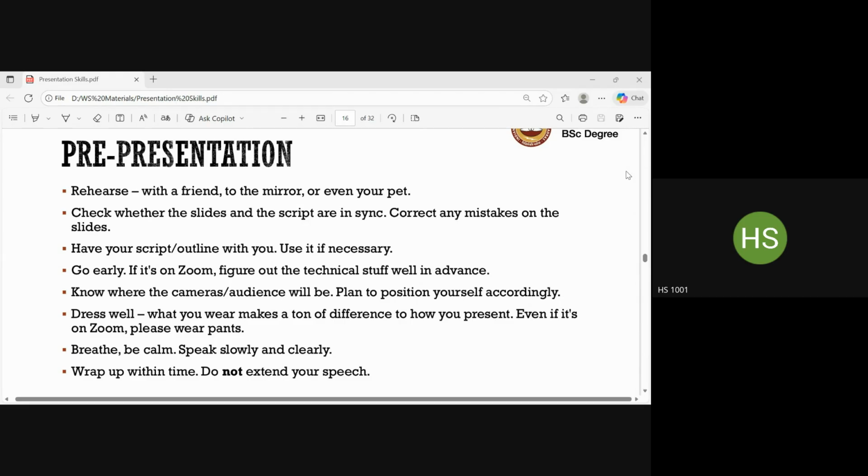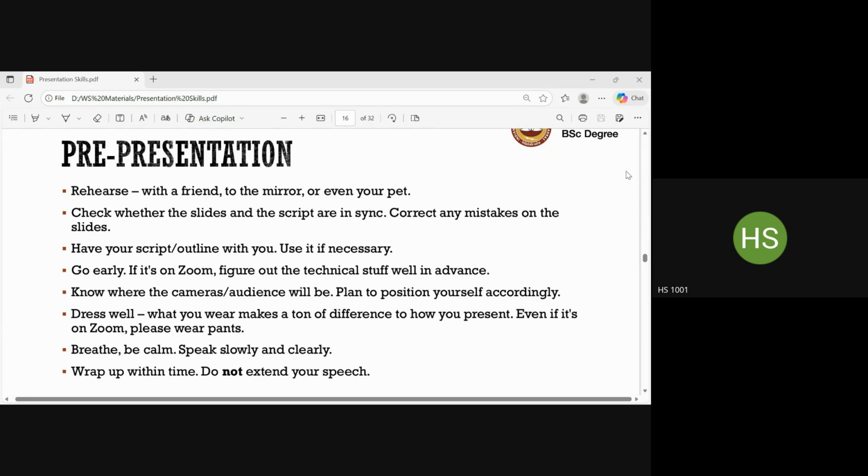You should be dressed for the presentation. Now, dressing well does not really mean dressing expensively. It simply means dressing however your part calls for. Sometimes it requires very formal attire, business presentations, for instance. Sometimes it requires semi-formal attire. Whatever the situation calls for, make sure that you're dressing accordingly.